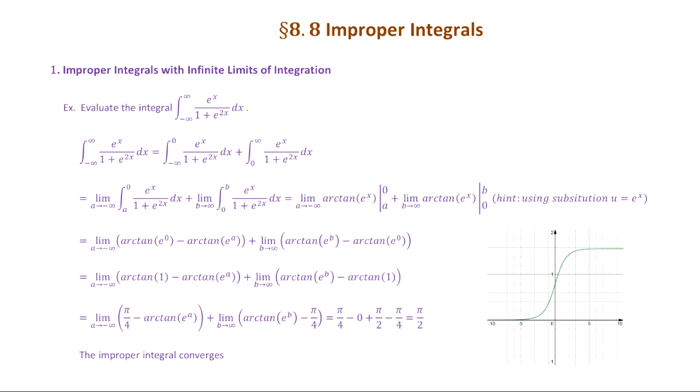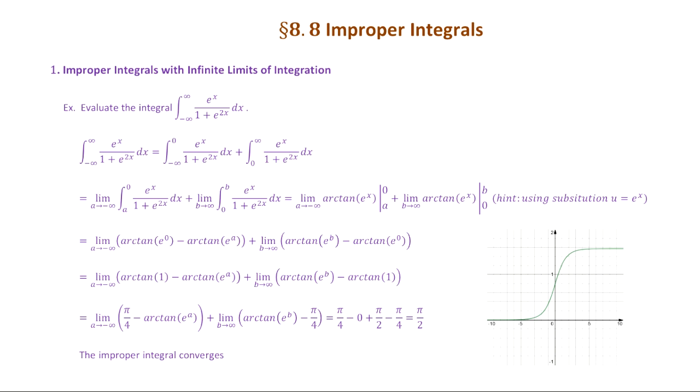Okay, so on the right side, I just drew the curve of arctangent e to the x. So in the first term, we find the limit of this function with a or x approaching negative infinity. So you look at it on the left, and the function value approaches 0, the horizontal axis. So you get 0 in the first part, this pi over 4 minus 0, the first limit. And then in the second term, you got pi over 2.